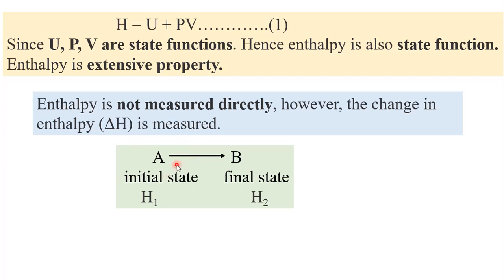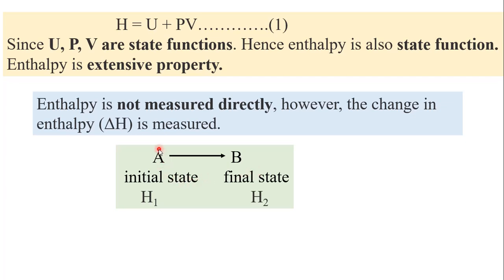Suppose a reaction is carried out from reactant A changing to product B at constant pressure. So whatever heat change takes place is an enthalpy change. Now see here, A is the initial state of the system and B is the final state of the system.